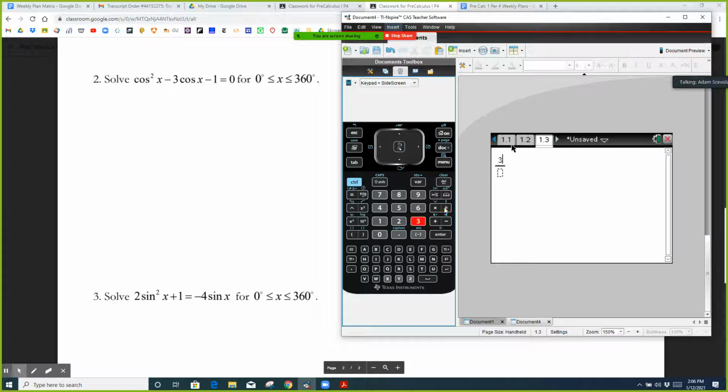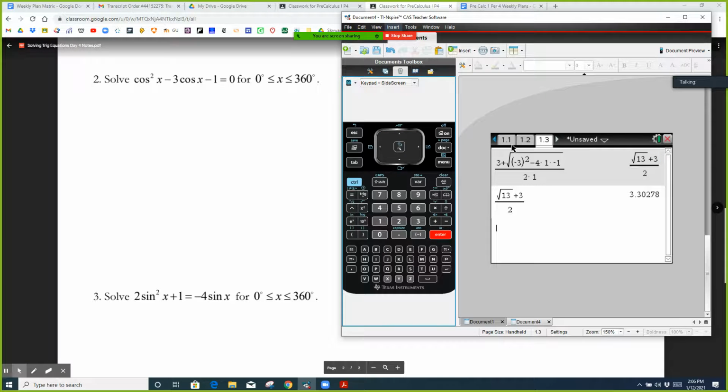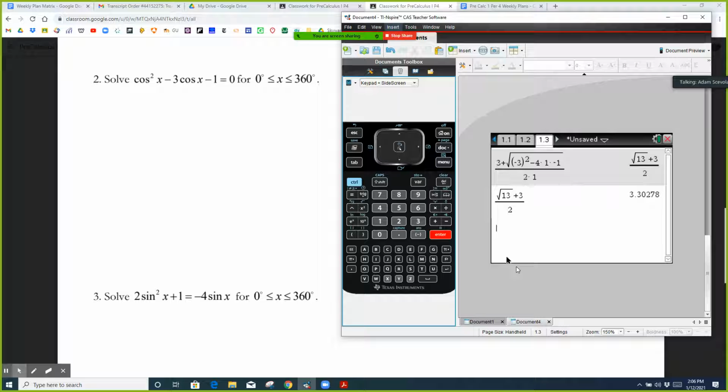So the opposite of b would be 3 plus the square root of b squared, so -3 squared, which is 9, minus 4 times a times c, all over 2 times a. And I get that number, which the decimal is 3.302.